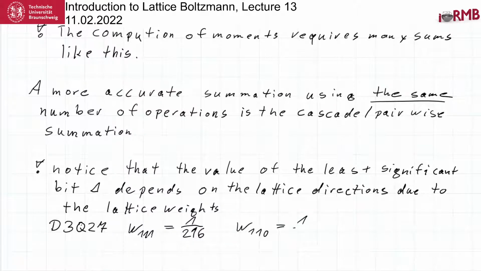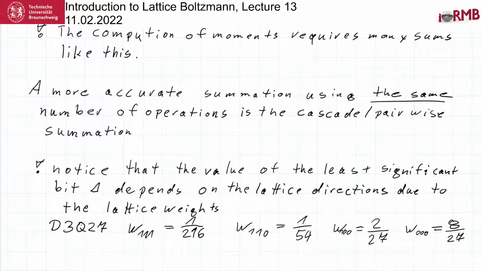W110 is 1 over 54, and W100 is 2 divided by 27, and W000 is 8 over 27. So there's a bit of a difference between them.